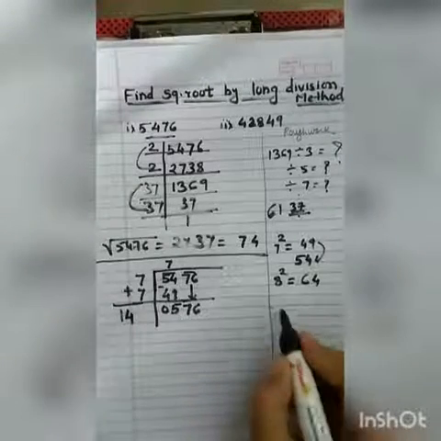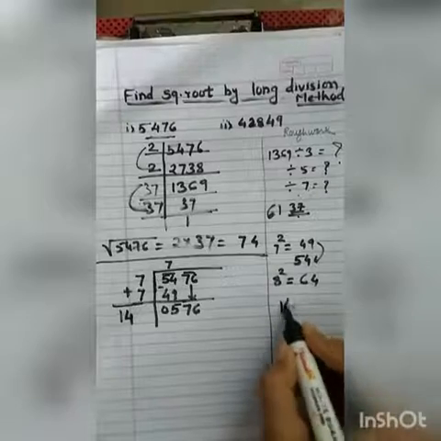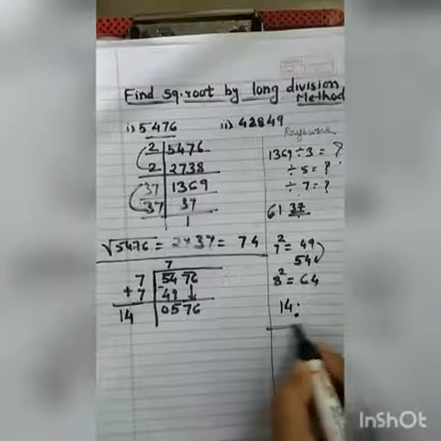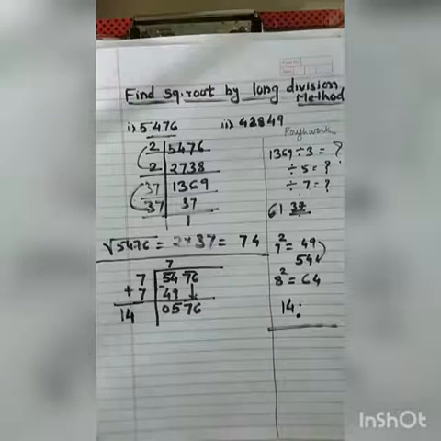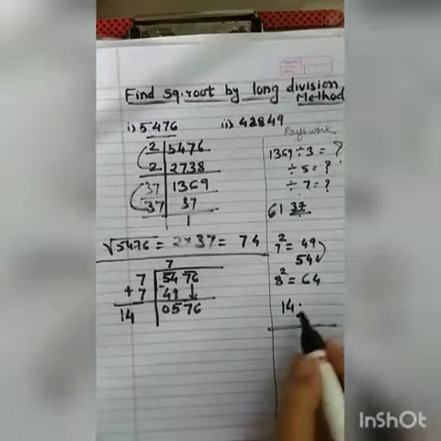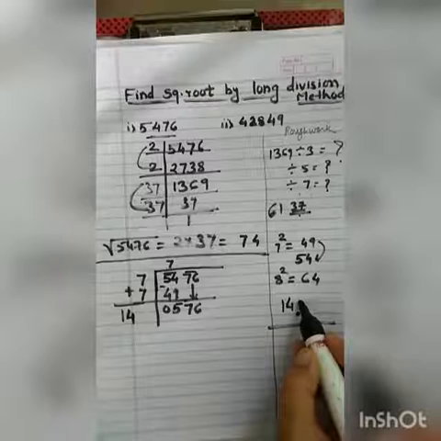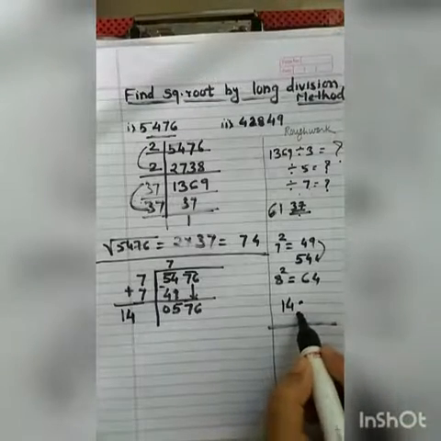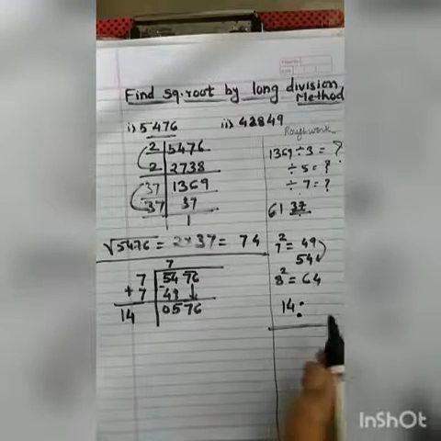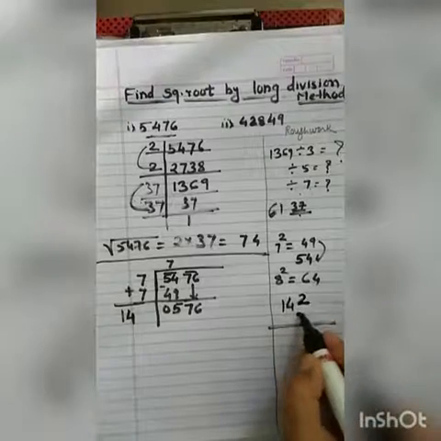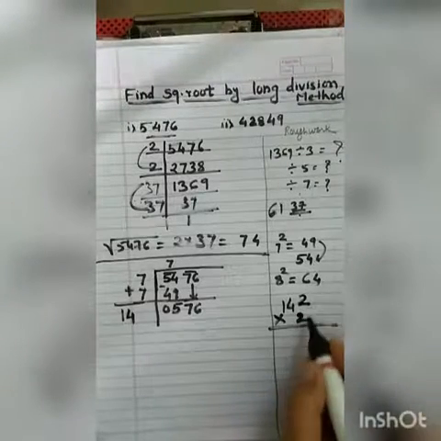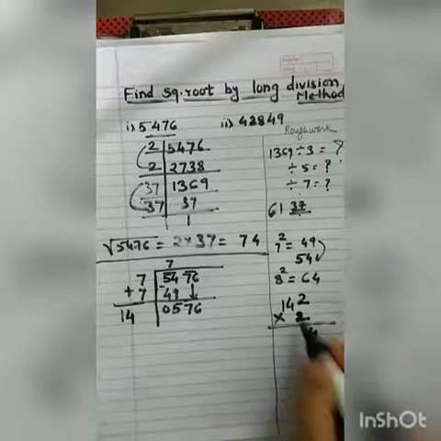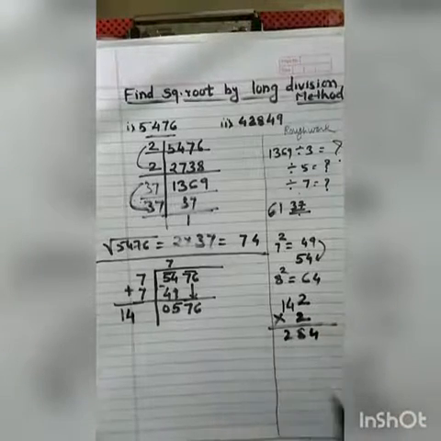Now next to 14, we have to take such a number that the product becomes 576. We have to multiply by that number, so whatever number we take at this ones place, we have to multiply by the same number. Suppose if I take 2 here, so I have to multiply by 2. By 2 what am I getting? 2 times 2 is 4, 4 times 2 is 8, 2 times 1 is 2, 284.